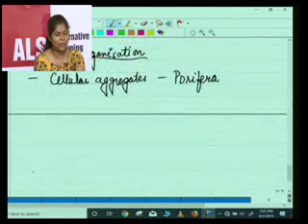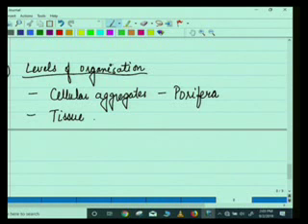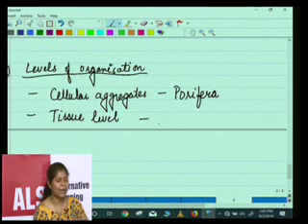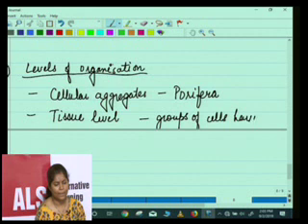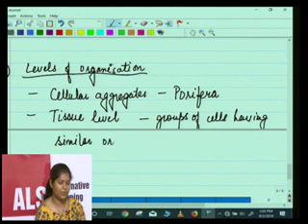Next, after cellular aggregates, number 2 is tissue level organization. Now groups of cells have come together and they have similar origin and function.